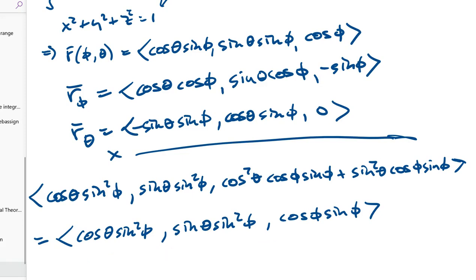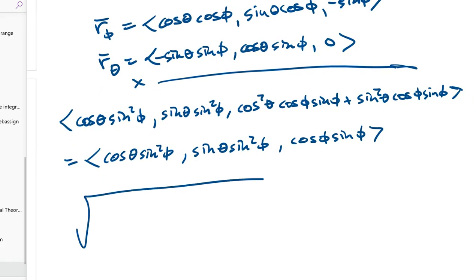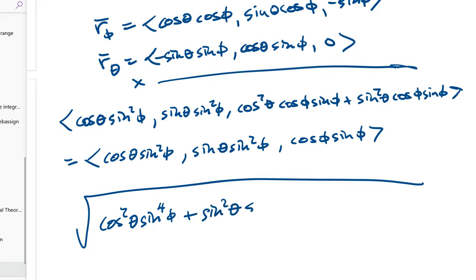Now let's find the magnitude of that. I'm going to take the square root of the first one squared, which is cosine squared theta sine to the fourth of phi, plus sine squared theta sine to the fourth of phi, plus cosine squared phi sine squared phi.